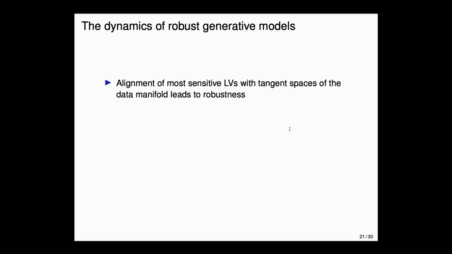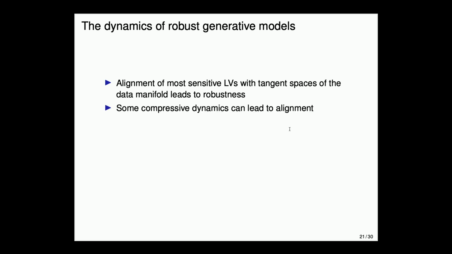Okay. So, to summarize what I have said so far, what we know is that alignment of the Lyapunov vectors happens, Lyapunov vectors meaning the most sensitive directions in the tangent space where errors propagate. This happens, and when this happens, we get robustness of the support.